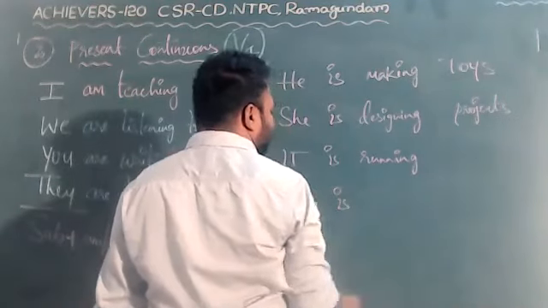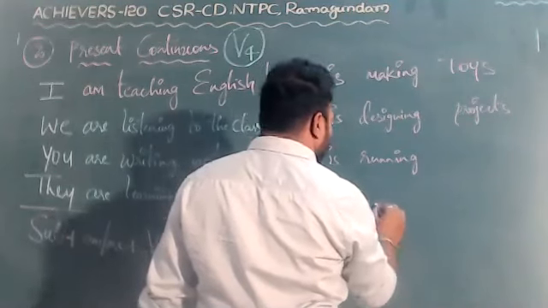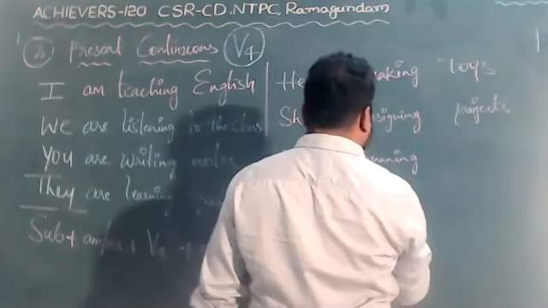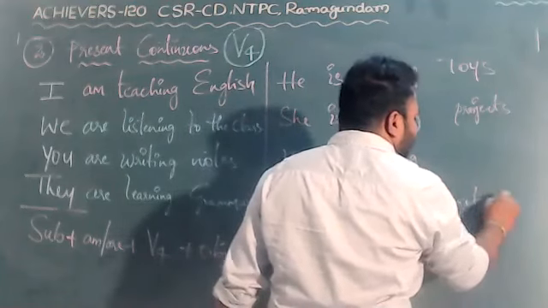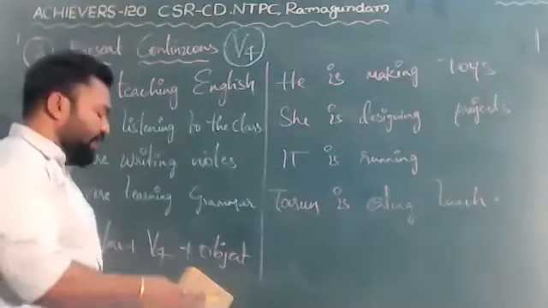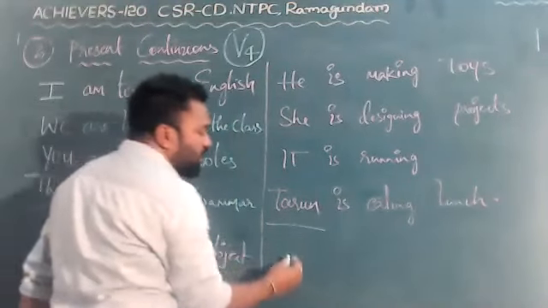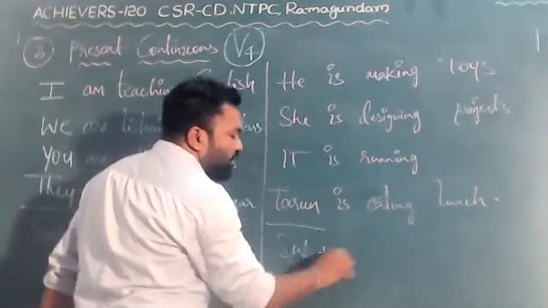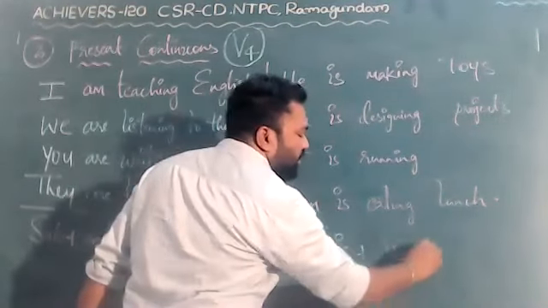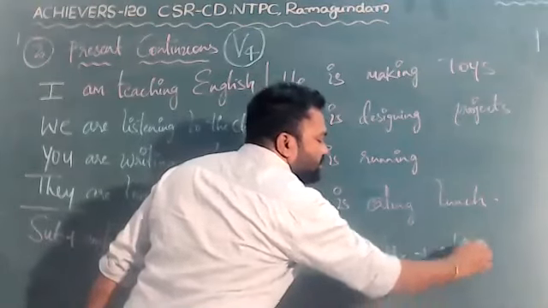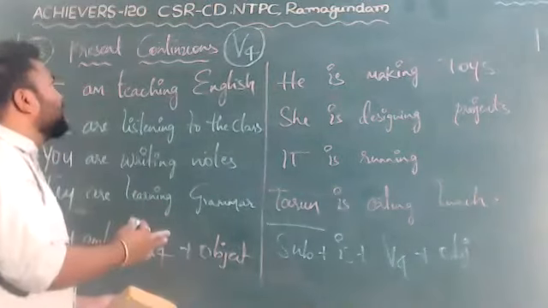Tharun is eating lunch. Listen, students, same here. Again, what we have to do? Subject plus what is this? Is plus V4 plus object. Students, you understood? This is very, very simple.